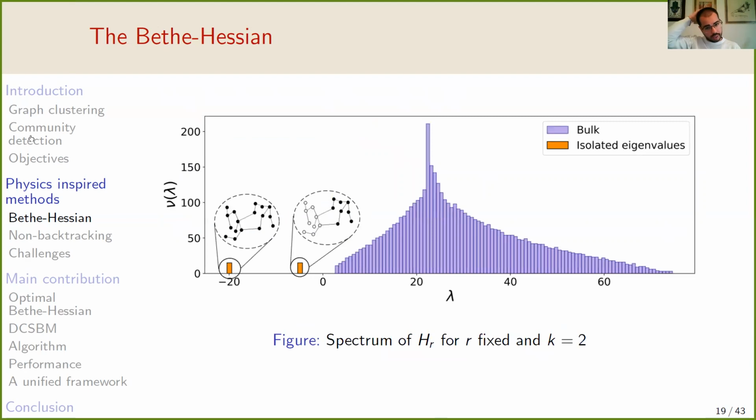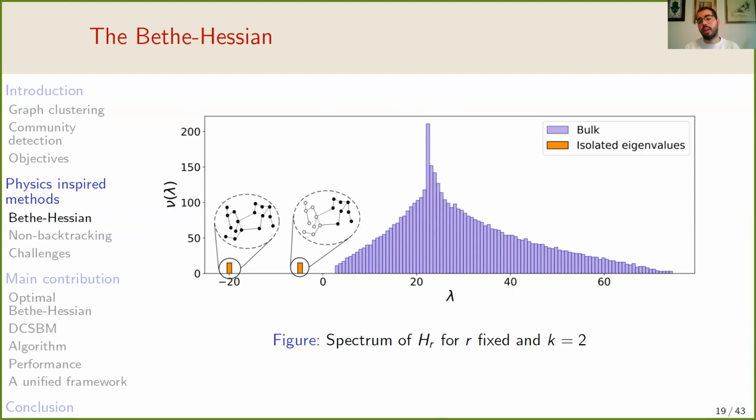Now, as I mentioned, we can use the eigenvector of this matrix to approximate the minima of the Bethe free energy. And in particular, here we have a graph with two communities. If we look at the eigenvector associated to the smallest eigenvalue of the Bethe-Hessian matrix H_r for a fixed value r, then this eigenvector is associated with the ferromagnetic configuration, so all its entries have the same sign.